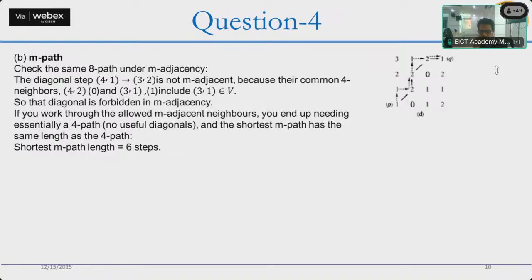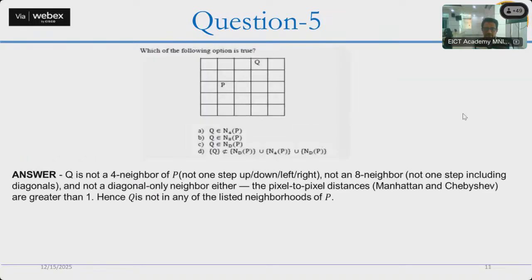Now I hope it would be clear; we have done sufficient examples. 4 and M are not the same. In some cases it is the same, but it is not always the same. Whenever a diagonal path is there, then the thing is different, right?